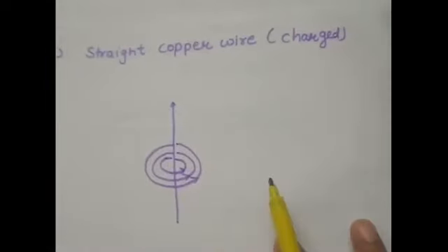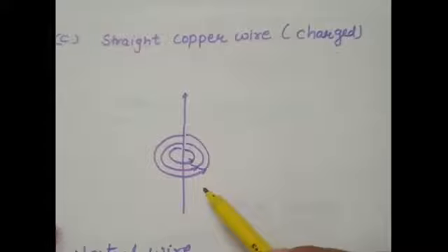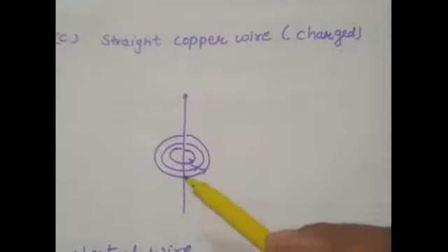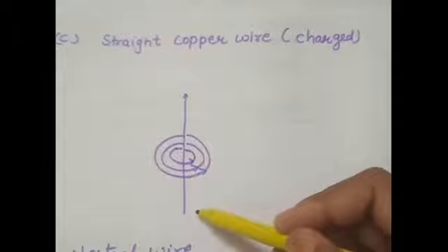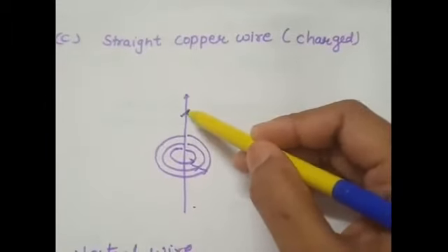Part C is when a straight copper wire is charged, that means current is flowing in the wire. We have to draw the magnetic field lines around a straight wire having current flowing in it. Let's say the current is flowing upward as we are seeing it.